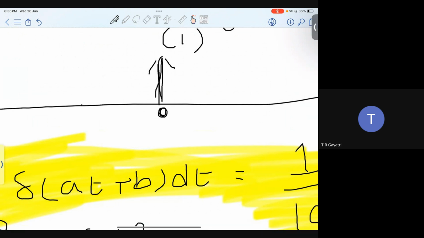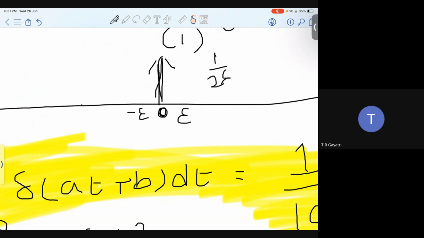That is the point you may have to remember. The delta function is concentrated around 0, so for a very small epsilon, the area should be 1 between minus epsilon and epsilon.